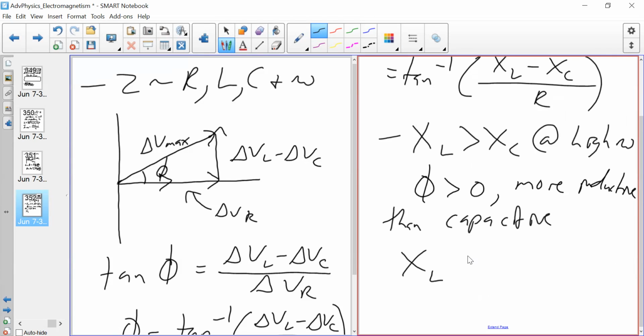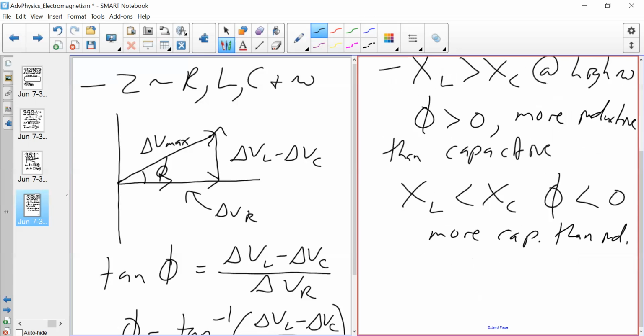And if XL is less than XC, the phase angle is less than 0. We get this evaluation from the equation up top. And so it's more capacitive. And if they're equal, the entire circuit is purely resistive. So the resistor would dominate.